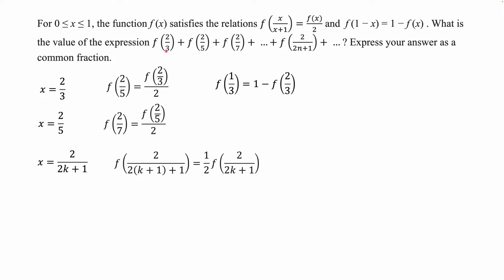The numerator is always 2, and the denominator goes through odd numbers: 3, 5, 7, 9, and so on. This is an odd number, and this is the expression for the next odd number.